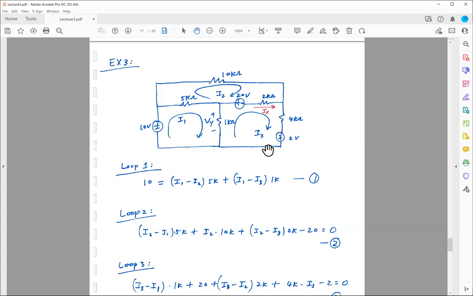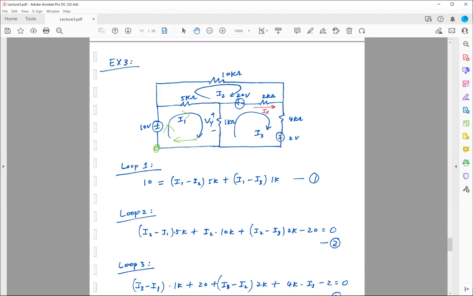I'm going to start with the first loop, again from the bottom left and going clockwise. So go up to the right, down, and then to the left. Since this is kind of new to you, my suggestion is for you to trace out this loop completely. When you have done this several times, you tend to be a little more sloppy when you indicate the direction of the current flow.